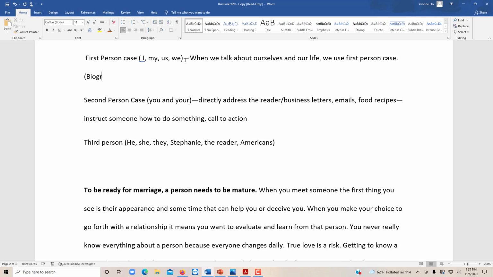And this occurs in autobiographies, creative short stories, poems, books, and movies. So first person case is used in autobiographies, creative short stories, poems, books, and movies.